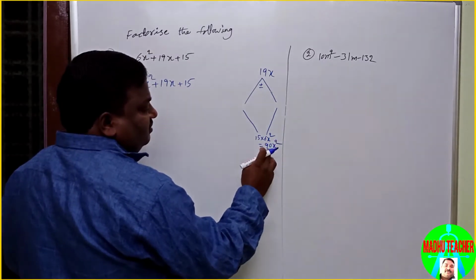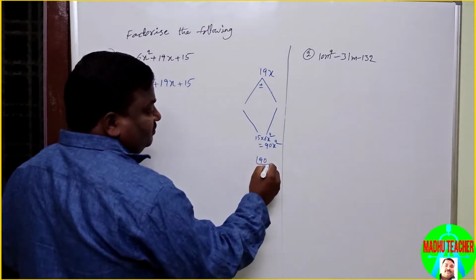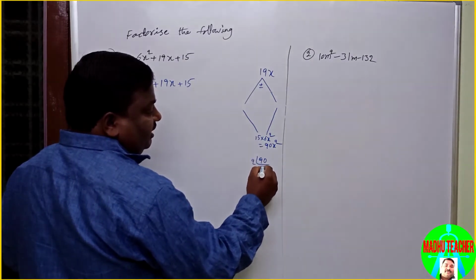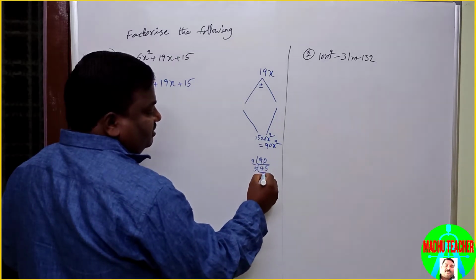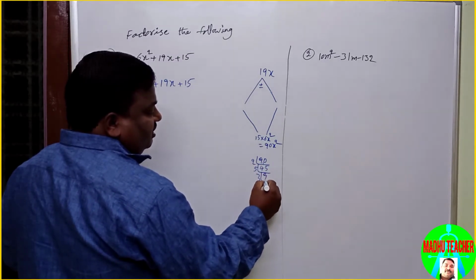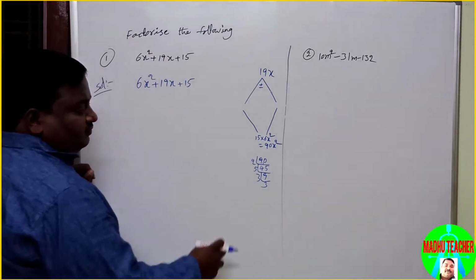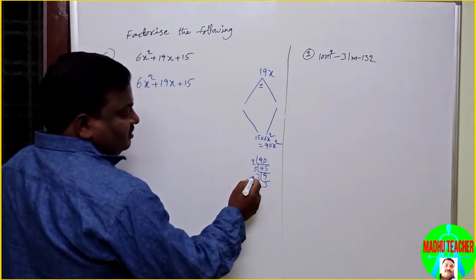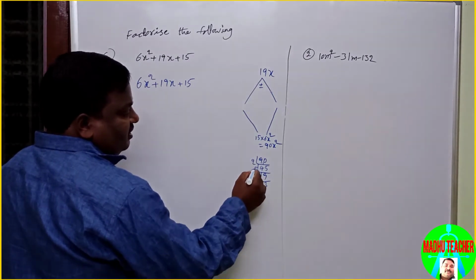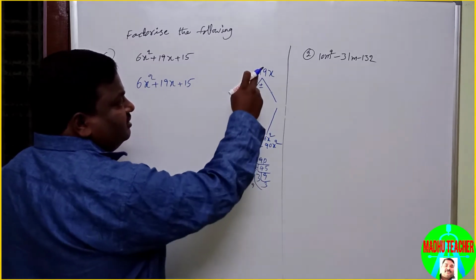So first of all, write the prime factors of 90. Now let us see. 3 3s are 9, and 5 2s are 10. 10 plus 9 is 19.